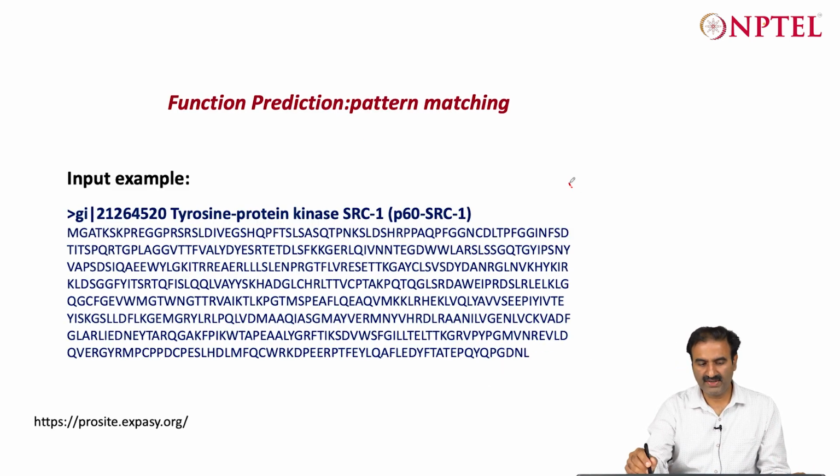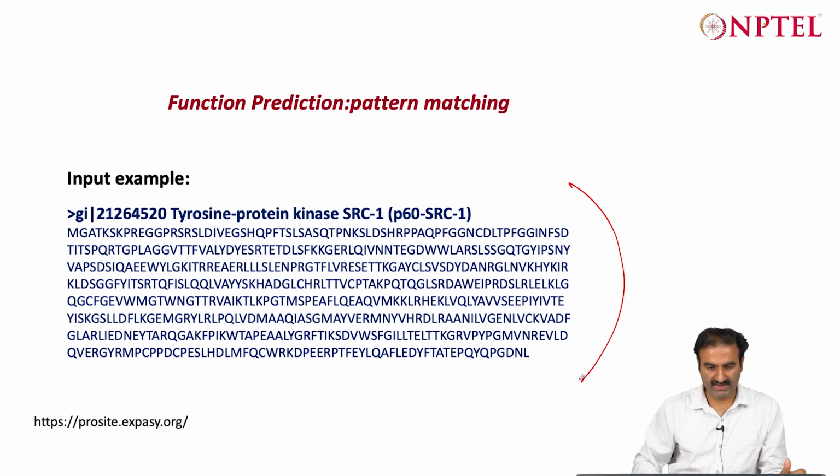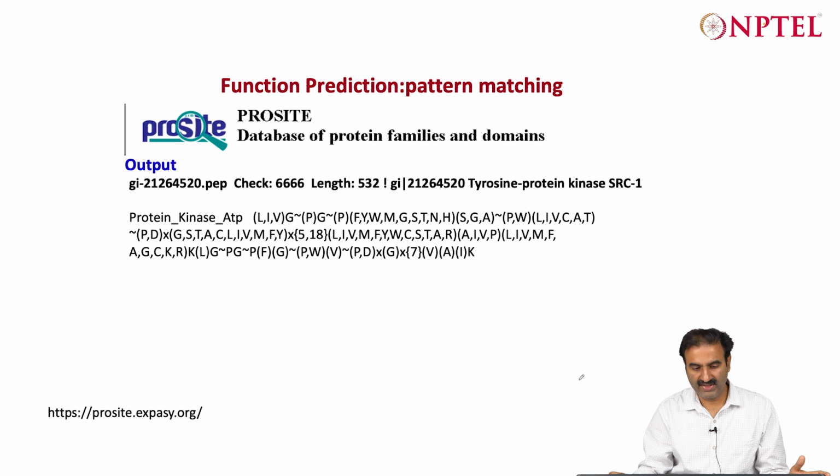So this is one example query, tyrosine protein kinase in FASTA format. It gave a motif, and you can see L, I, V, G, then P. This tells that any of these can come at this position, and any of these at this position. X means it can be replaced by any amino acid.